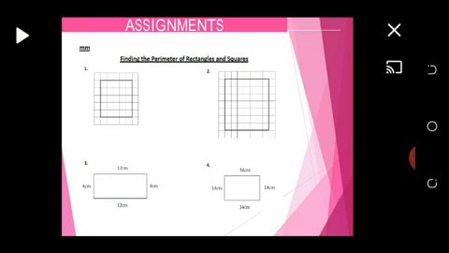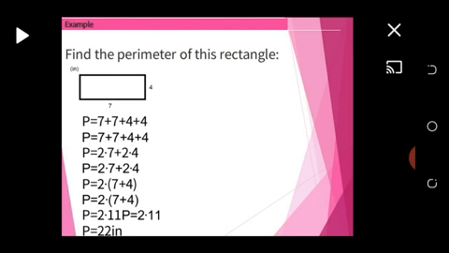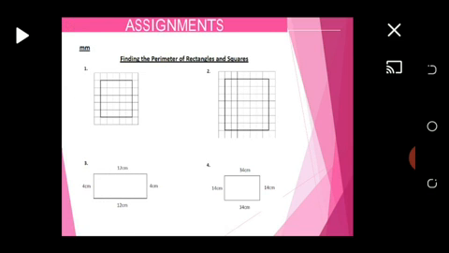So our answer is 22 inches. Good. Very simple. That is how to find a parameter. The most important thing here is, what is the formula for calculating a parameter? The formula you should know for every shape is P equals 2 bracket open x plus y bracket close.